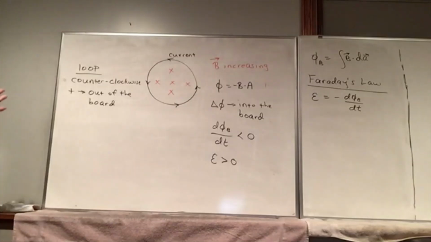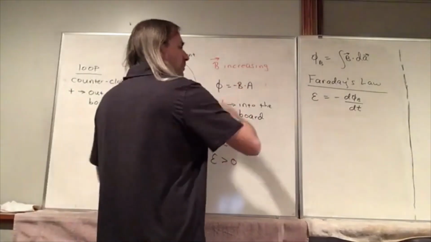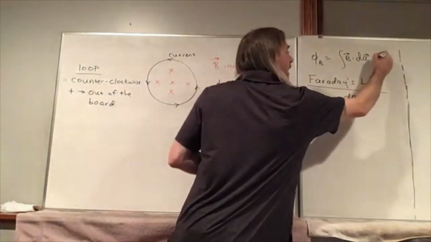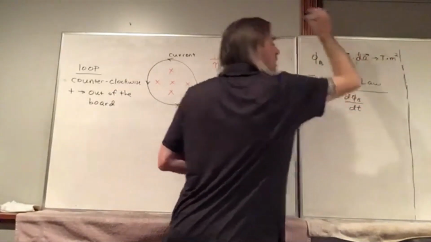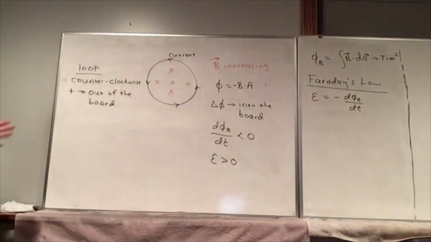So one more thing, we have the units for flux. I should have written this down: this would be Tesla meters squared. And there's a unit called a Weber that we can use.